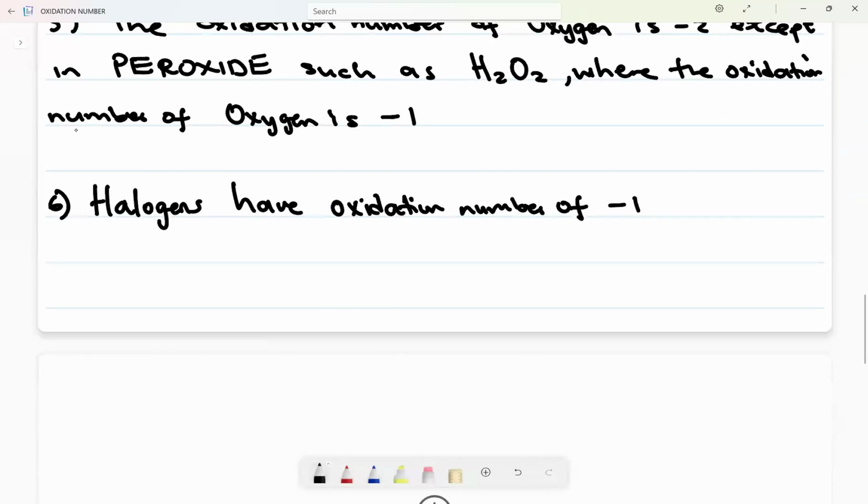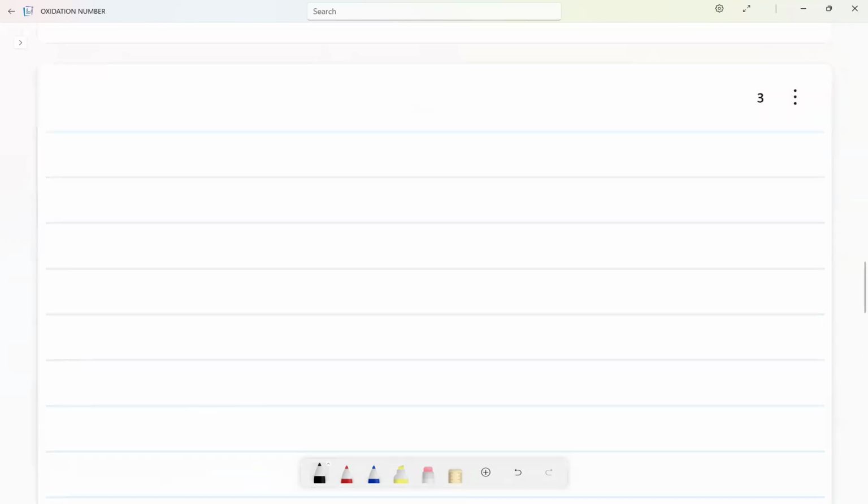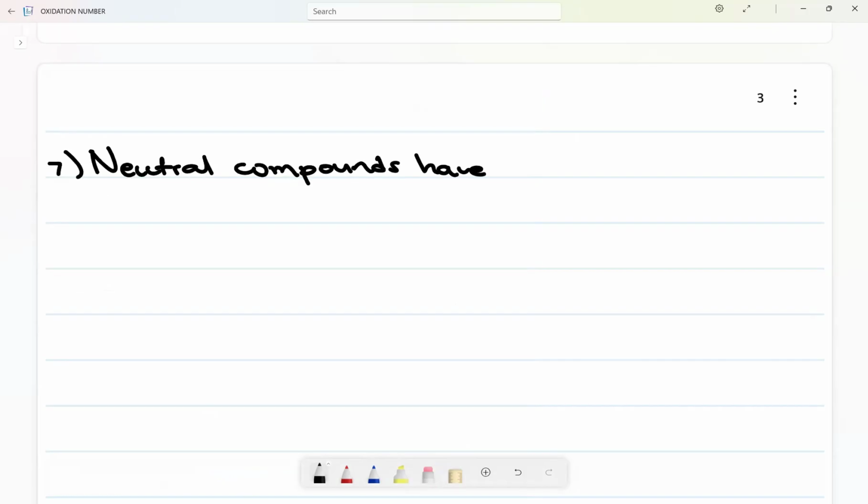And then number 7, this is what I want us to now come to. It says neutral compounds have a net oxidation number of 0. What do you mean?